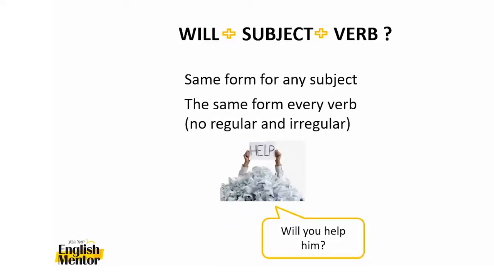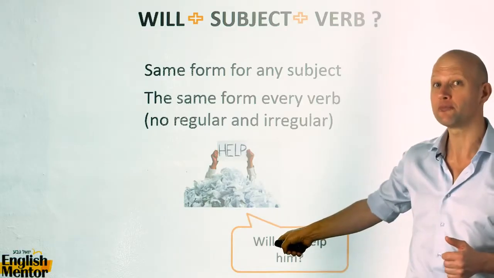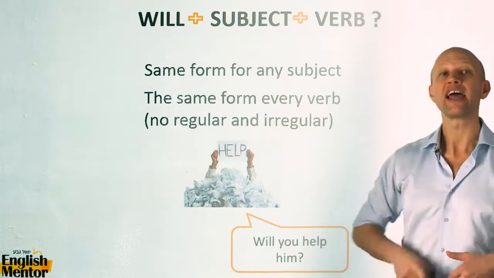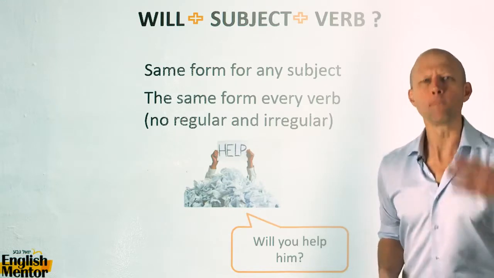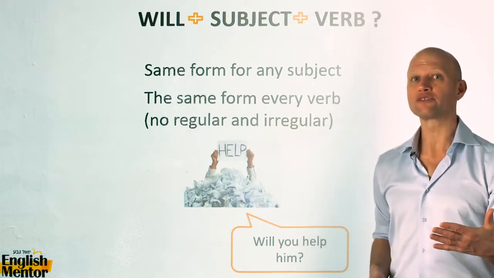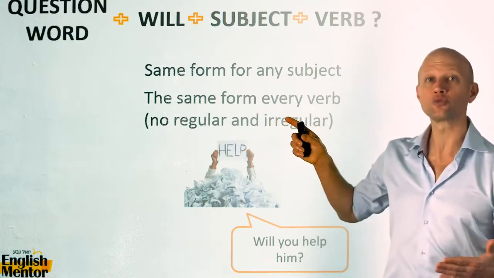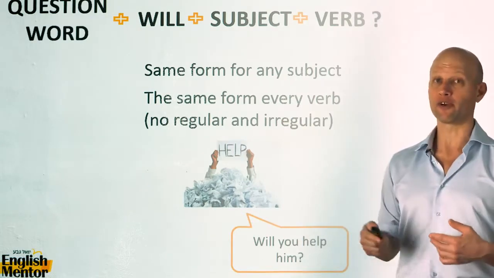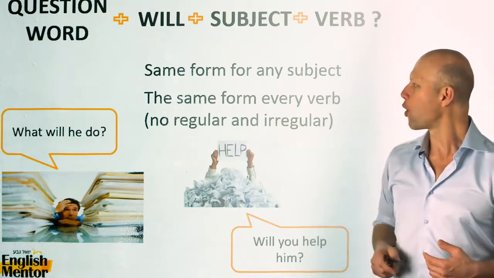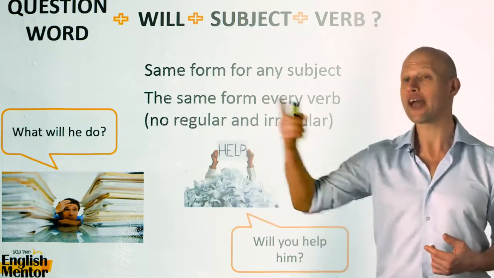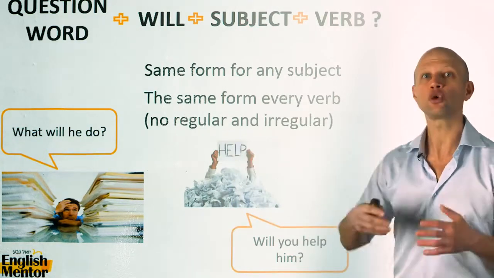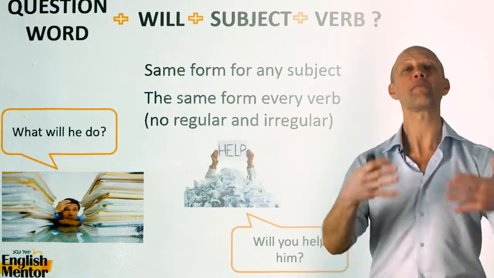Will you help him? I've used the helping verb before the subject, and help in its basic form. Now, if I want to know more information, all I have to do is add a question word before the helping verb. Okay? So, what will he do? I've used the question word what before the helping verb will, and I'm asking a question about the future.